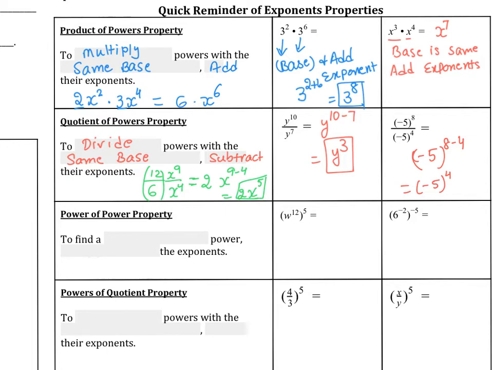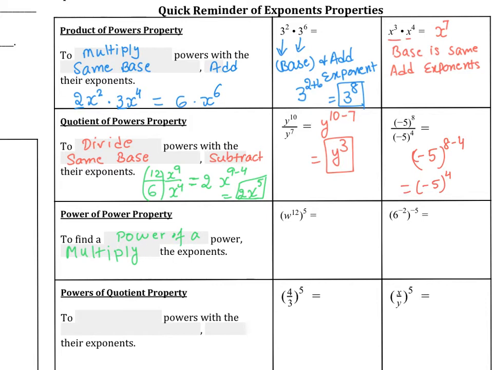Next property is the power of a power property. So for a power of a power, you multiply the exponents.